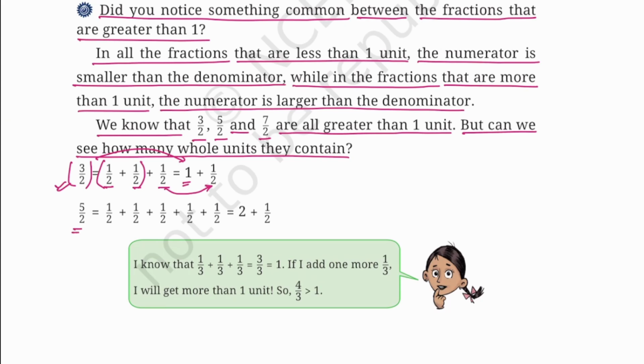Similarly, 5 upon 2 can be written as 5 halves added, it will give 2 plus half, that is more than 1.